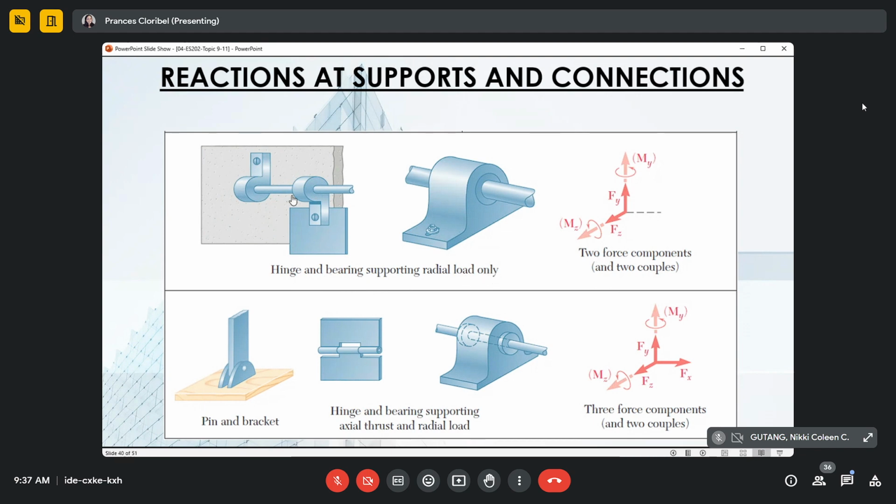So, ang kani, ang atoang body of consideration, this one, it can be rotated, di ba? It can be freely rotated along this axis, along the x-axis. But it cannot rotate along the z-axis and the y-axis. So there will be a reaction couple along the y and the z-axis.